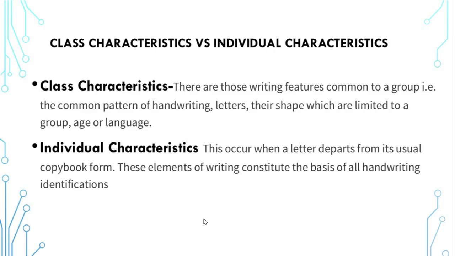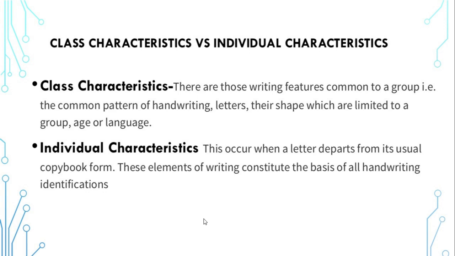Just like any other field of forensic science, we have class characteristics and individual characteristics. Class characteristics are those writing features common to a group, that is, the common pattern of handwriting or letters and their shape, which are limited to a group, age, or language.